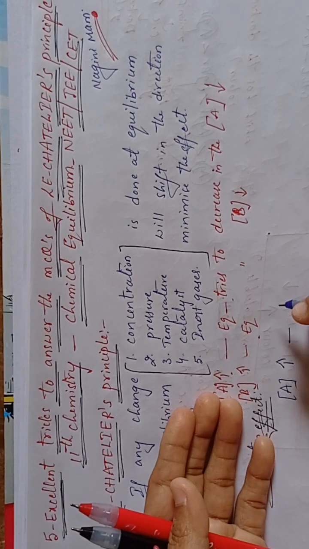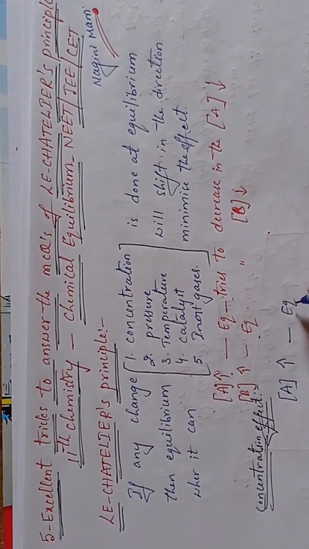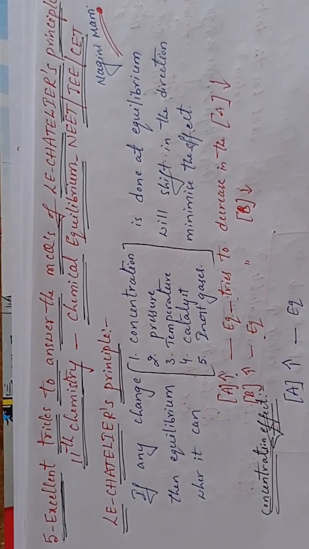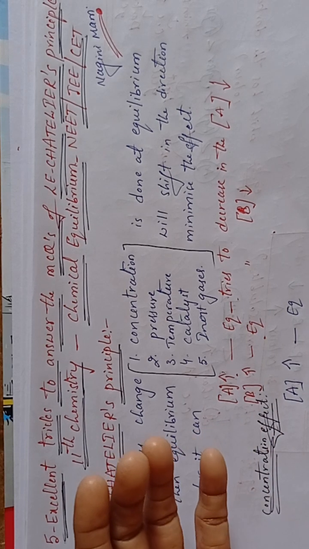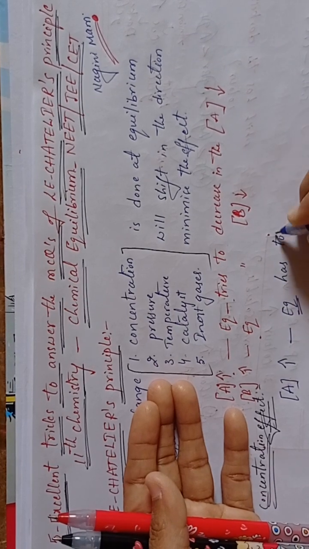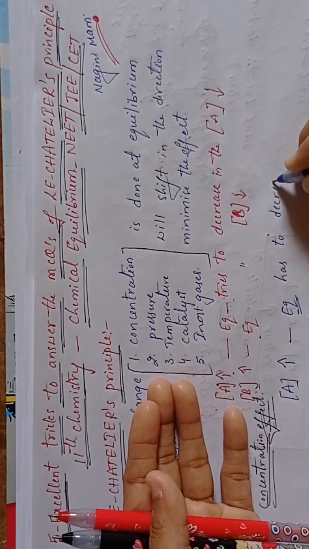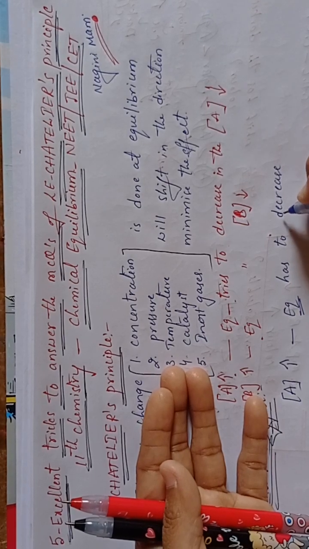Okay now. So here the equilibrium tries to decrease the concentration of the reactant A. Understanding?